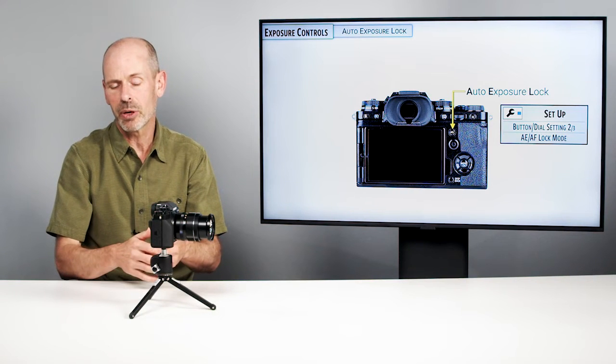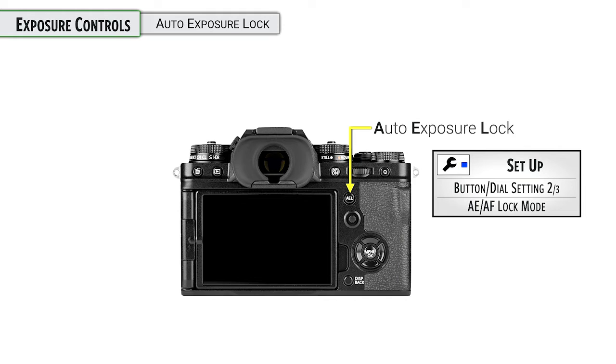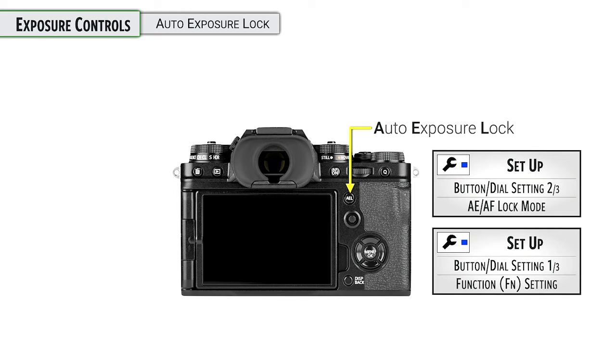That's the way that I demoed it, and that's the way it normally is. But if you want it to be a switch that stays locked on without your finger on it, you can do that. If you want to completely reprogram it, you can go into the function settings and assign a different function to that particular button.